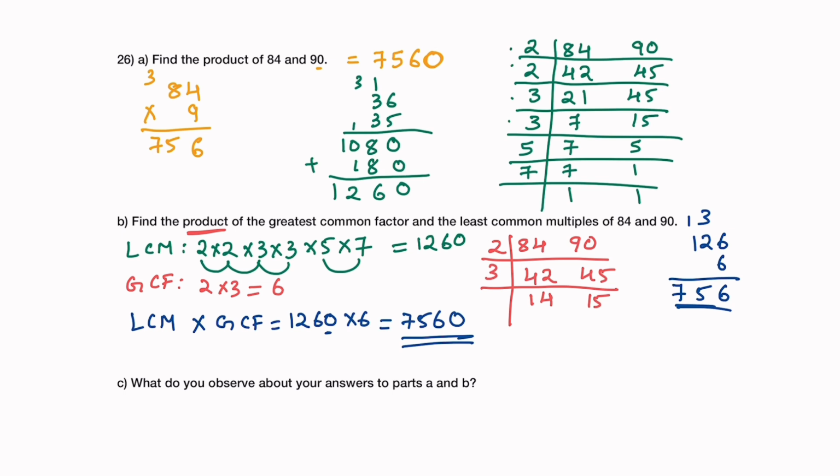What do you observe about your answers to parts A and B? So let's check our answers to parts A and B. The answer for part A is 7560, and the answer to part B is also 7560. So what do you observe?